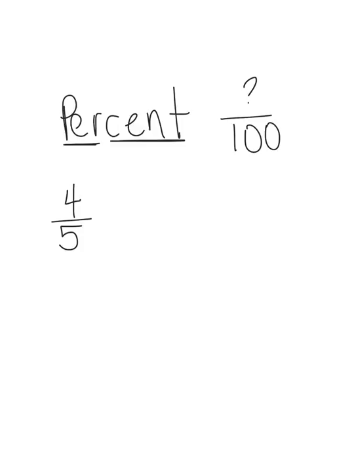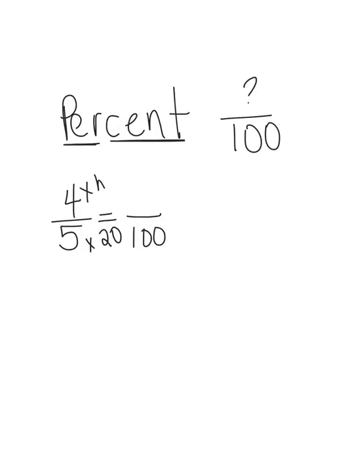Okay. So an easy way to be able to write this is to turn this into a percent, meaning out of 100. So I'm going to make an equal fraction to 4/5, turning our 5 into 100, since we know that percent means out of 100. So if you set this equal, we know that 5 times 20 is 100, and then whatever I do to the bottom, I've got to do to the top.